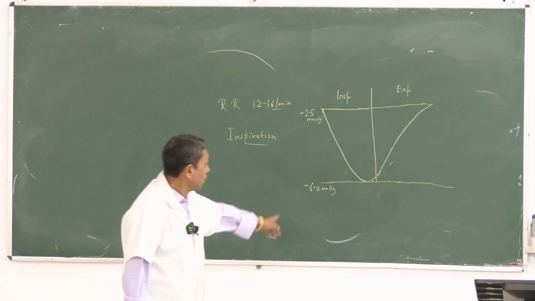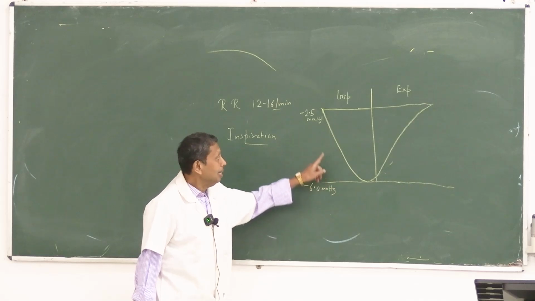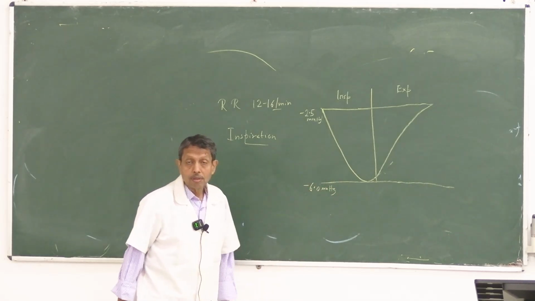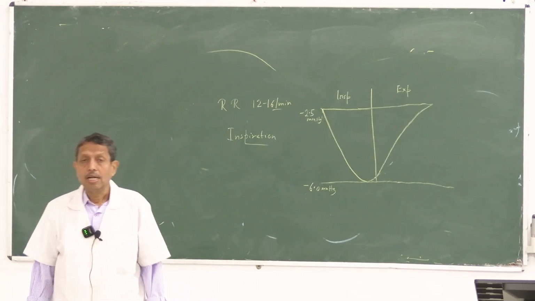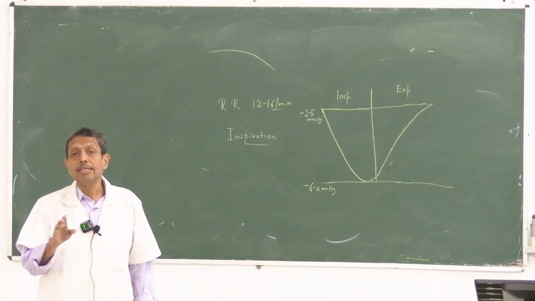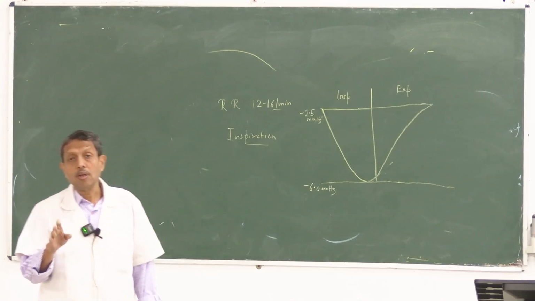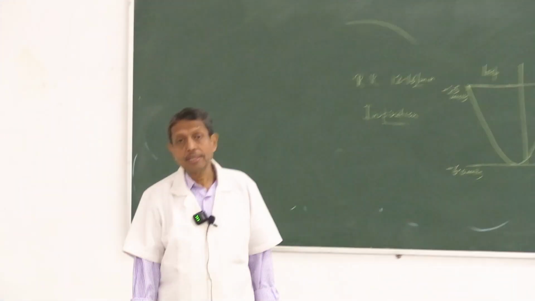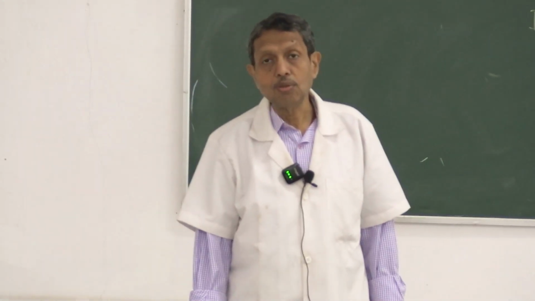This is the value at the end of inspiration, the intrapleural pressure. And in response to this, there is fall in the intrapulmonary or alveolar pressure, and air enters into the lungs.